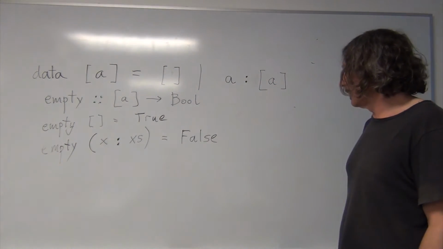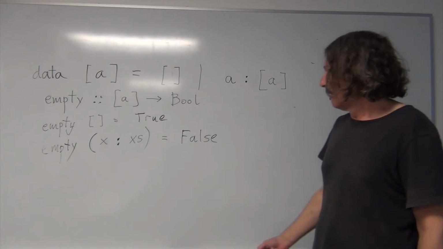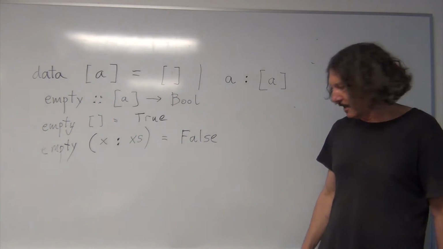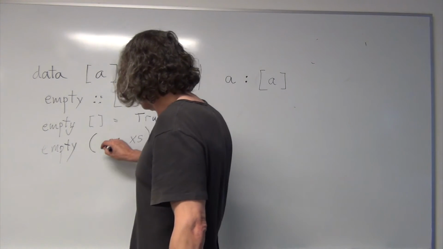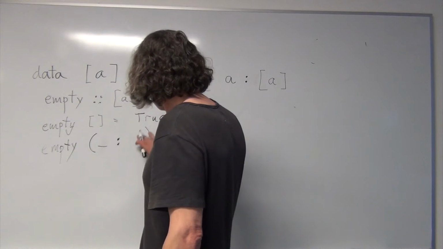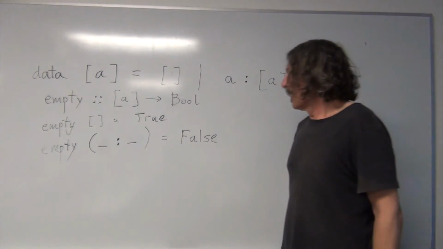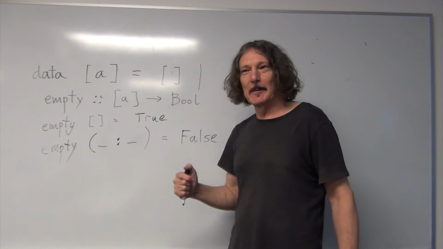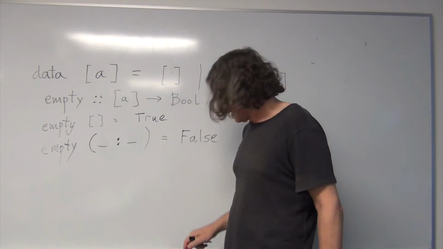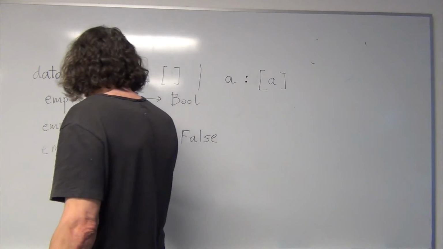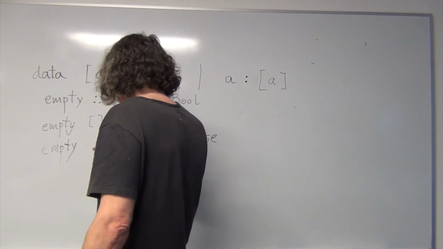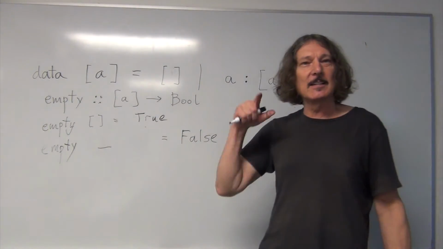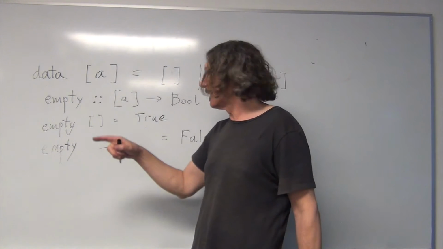But notice something. We are not using X or XS on this side at all. So let's put wildcards here. But in fact, we are not even using the fact that it's a non-empty list. We could just say underscore right here, and it will still work for a different reason. It will work because these patterns are tried in order, as I explained last time.